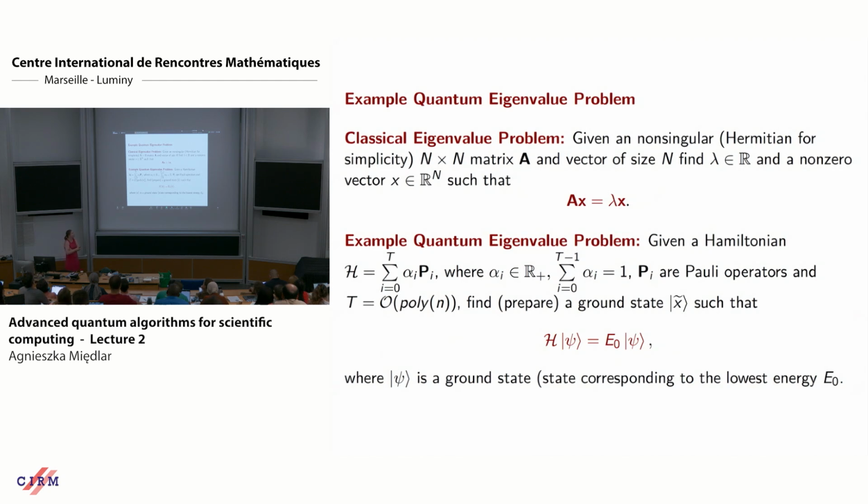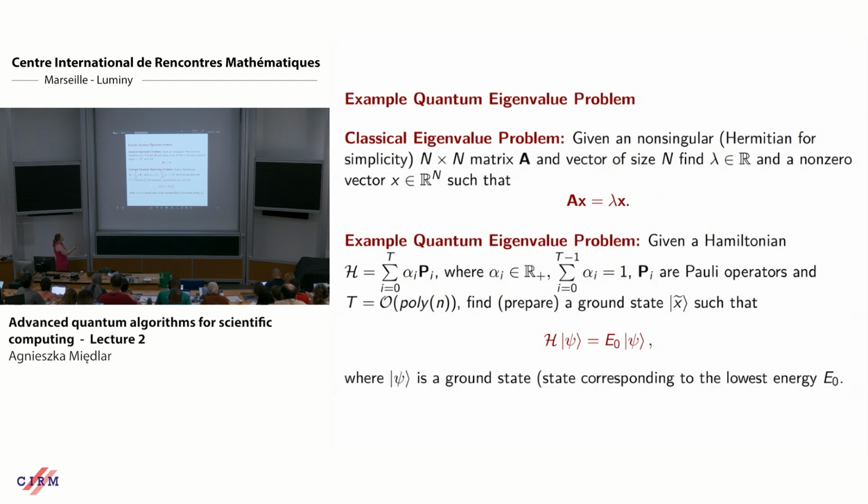It's the classical eigenvalue problem. We will talk about a specific example which you have seen already on Monday and Tuesday, Hamiltonian simulation. So we will look at a specific problem and then use the tools to illustrate. Given a Hamiltonian, which you can think of as a matrix or an operator, and this Hamiltonian is very particular, it's just a linear combination of Pauli matrices.